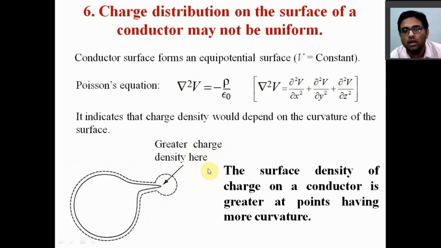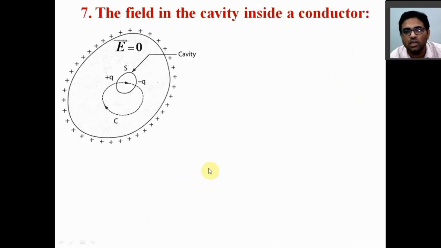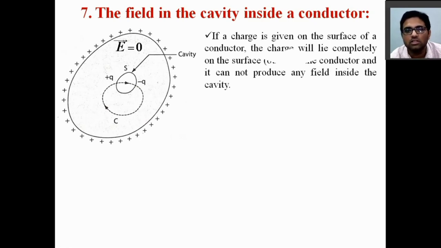Now let's understand, if there is a cavity inside a conductor, what will be the field inside that cavity? If a charge is given on the surface of a conductor, the charge will lie completely on the outer surface of the conductor. That already has been established, right? And then it will not produce any field inside the cavity.